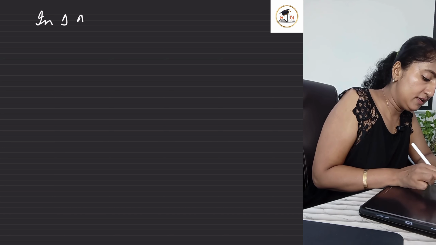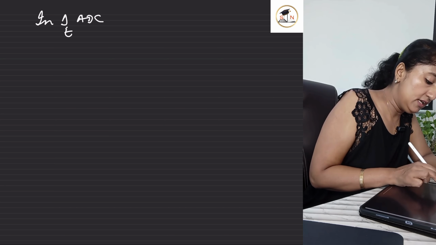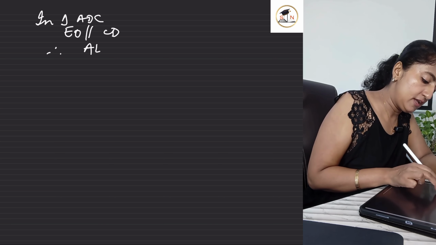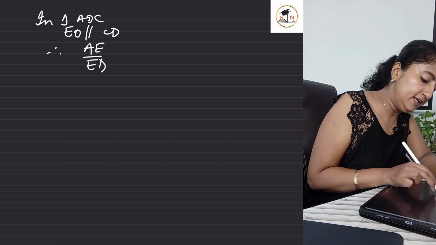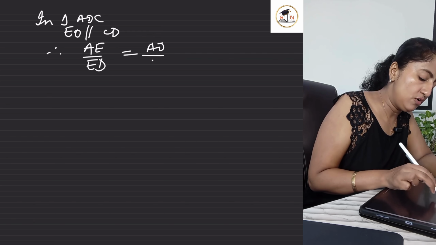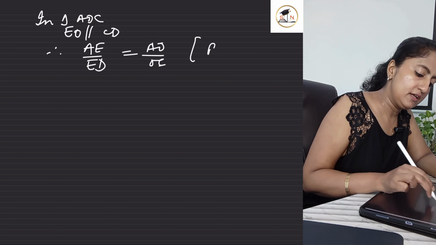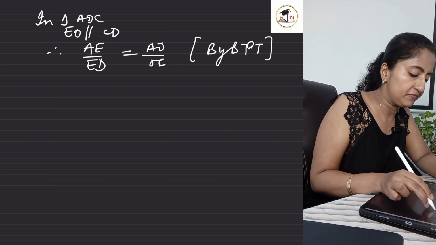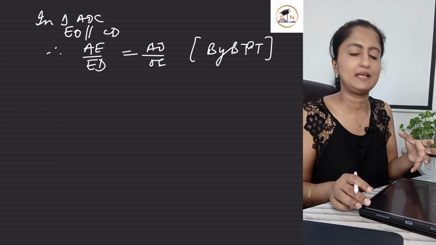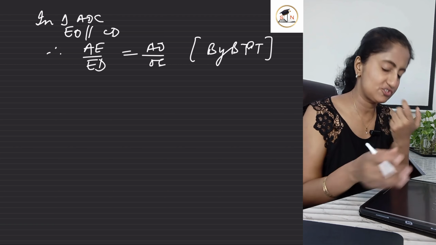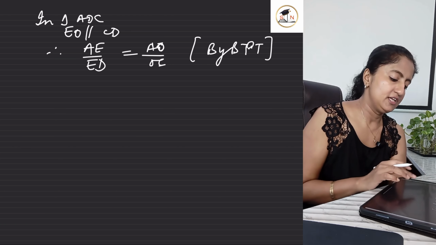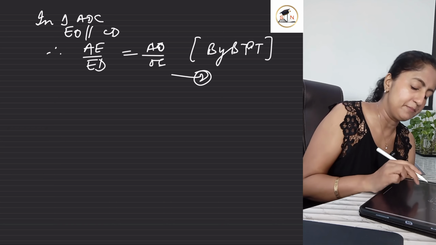In triangle ADC, EO is parallel to CD. So therefore, AE over ED equals AO over OC by BPT. I have been writing BPT so many times that now P wants to skip out. Okay, so we get AO over OC. This is the second point.